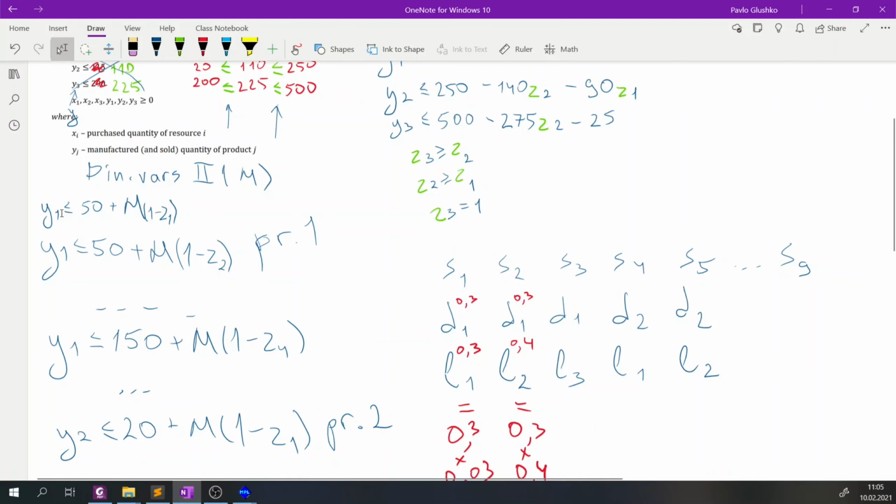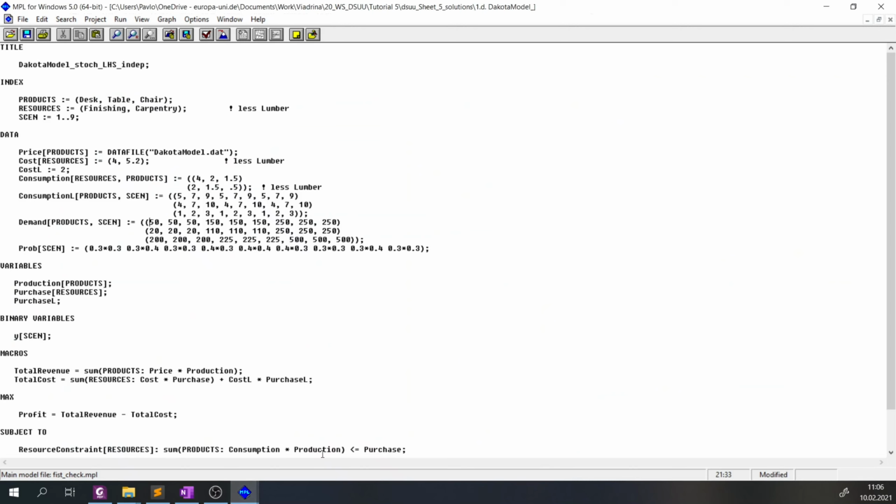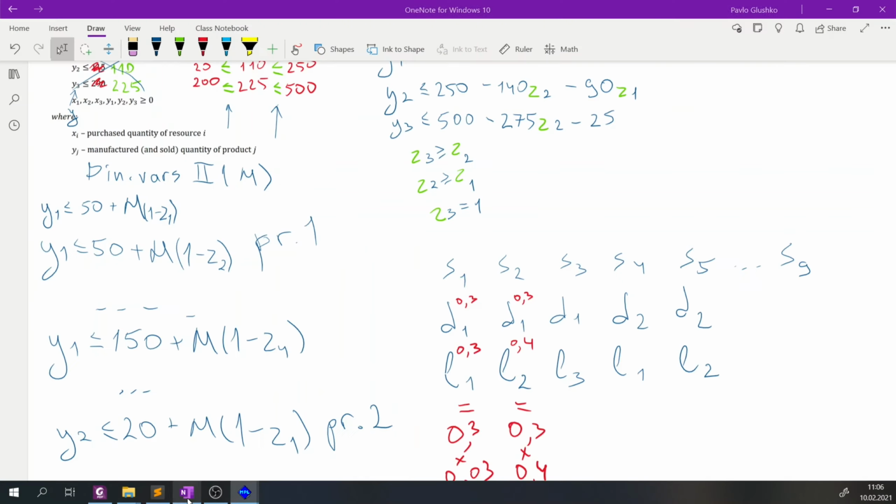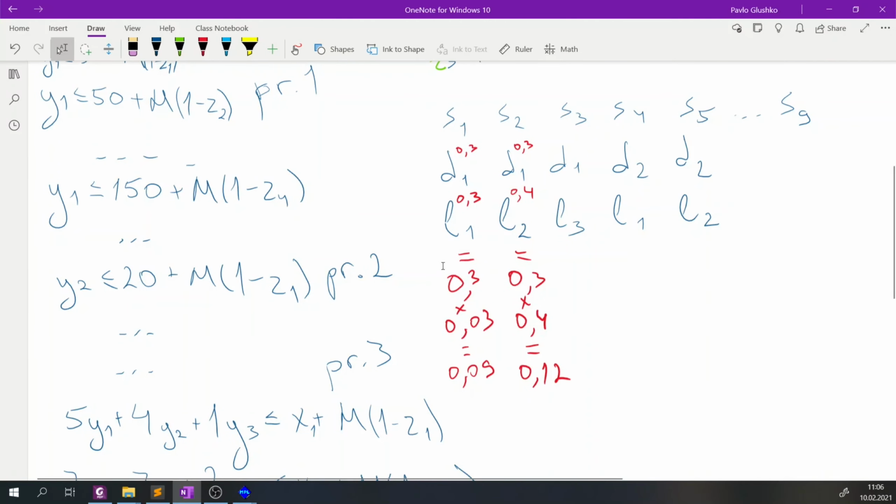In scenario 1, Z1, Z2, we had the demand for product 1 from demand scenario 1. Now we have the probabilities, and we calculate them manually for all the scenarios in the way that is shown here. We multiply the probability of the demand scenario with the conditional probability of the lumber scenario.